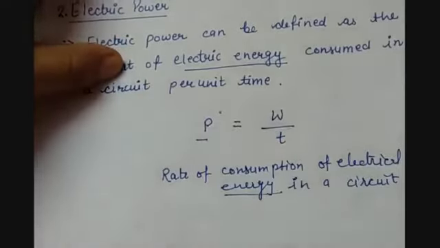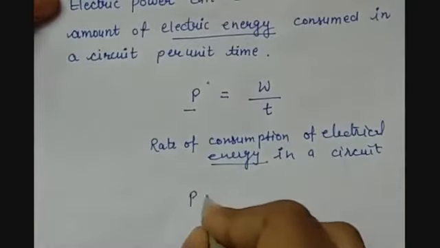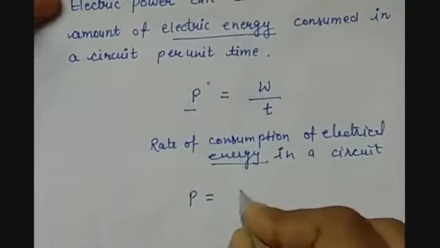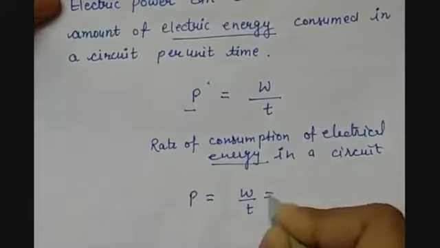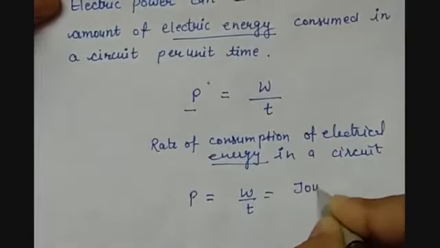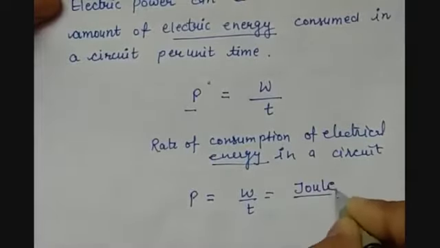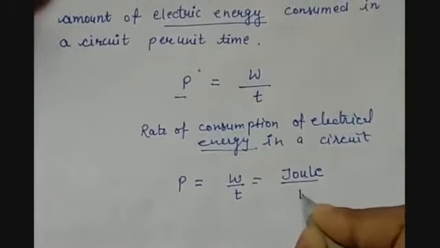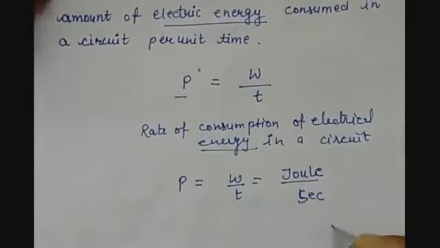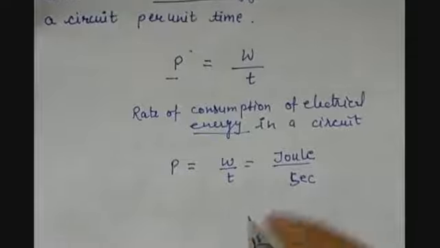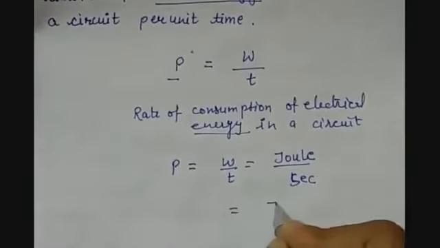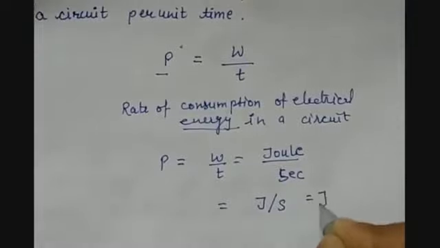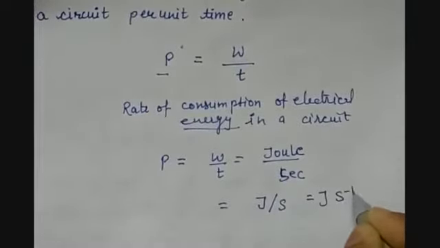If we have to find the units of power, power is W upon T. W has the unit joule and T is time, whose SI unit is seconds. So we can write it as joule per second, or joule second inverse.